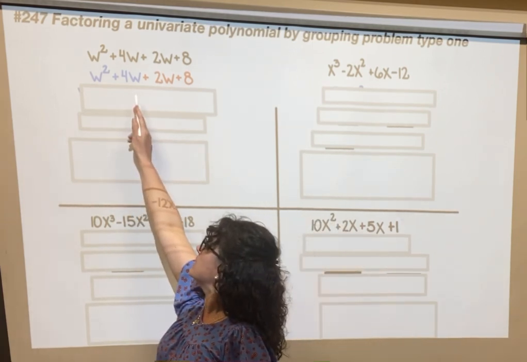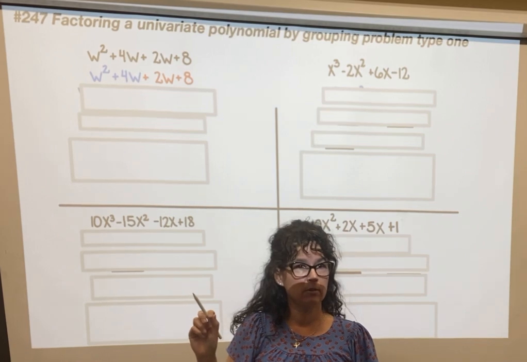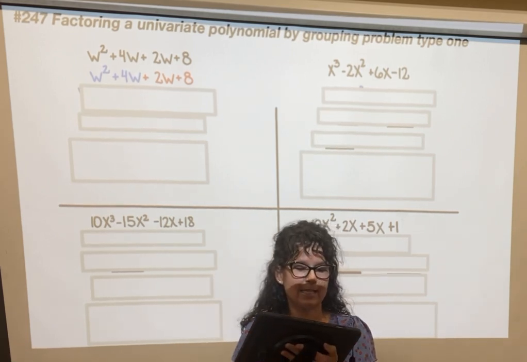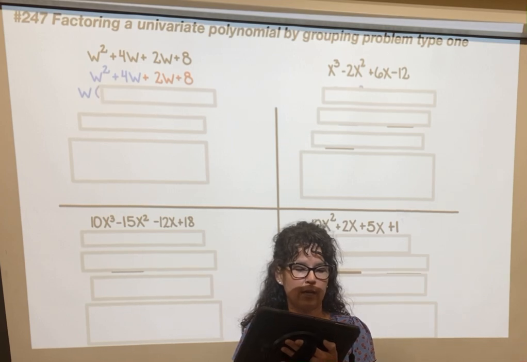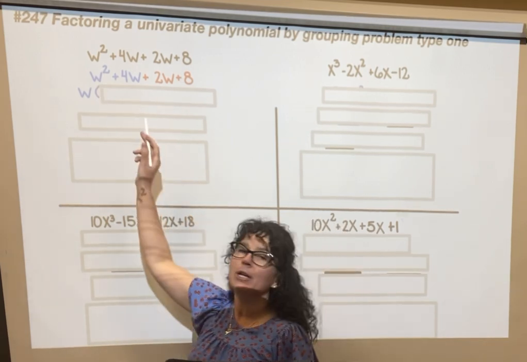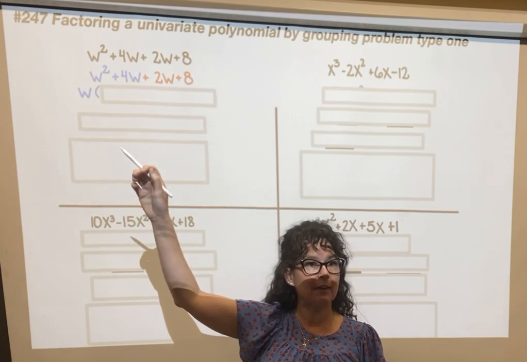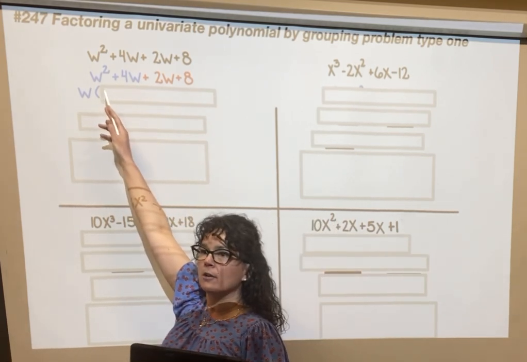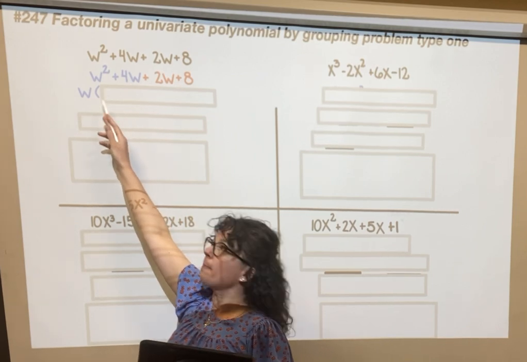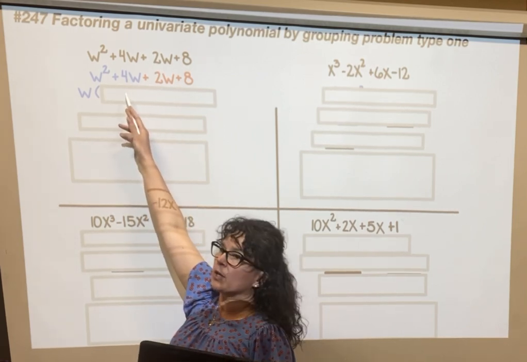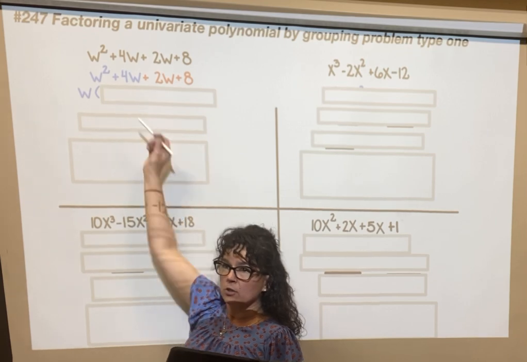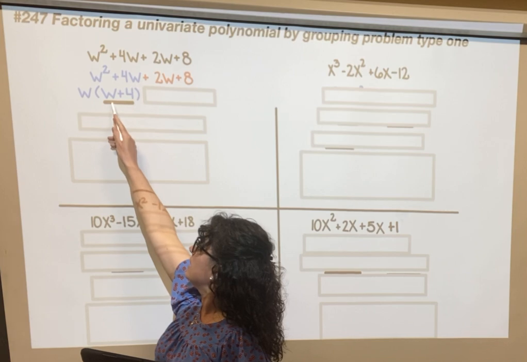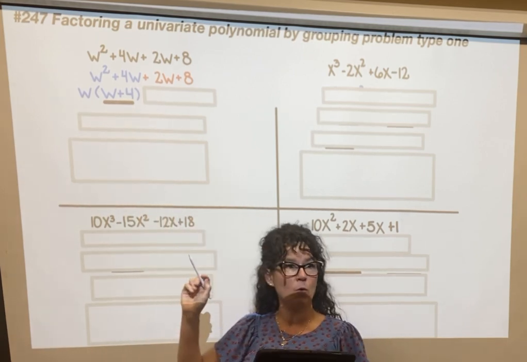This is W times W, and that's 4 times W. So what's in common is a single W. I'm going to take a W out front, and then put in parentheses whatever's left over. If you take a W out of W squared, there'd still be a W. And if I take a W out of 4W, there'd still be a 4. So in parentheses, what's left over is W plus 4.